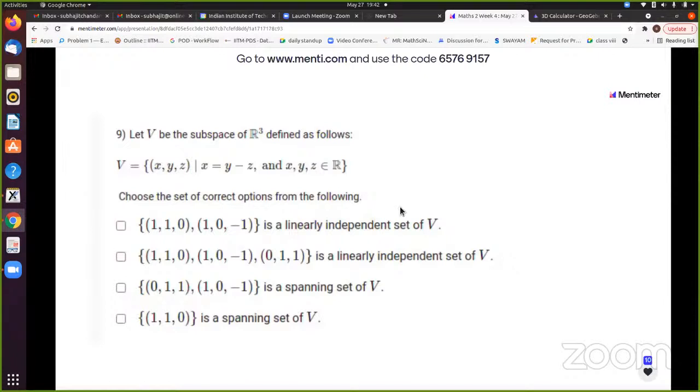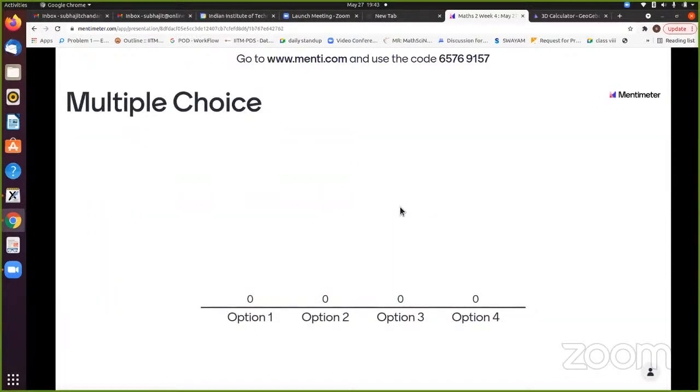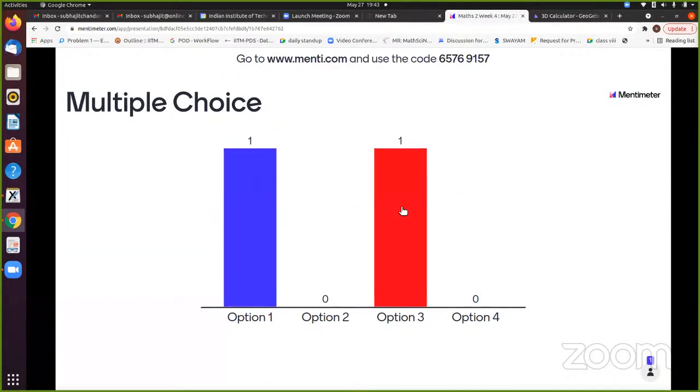Okay, I am going to the next slide so that you can answer it, then I will solve it. You can put your answer. No one is giving an answer? Sir, the option is not showing in my Mentimeter.